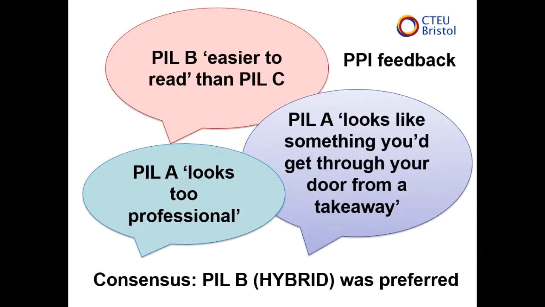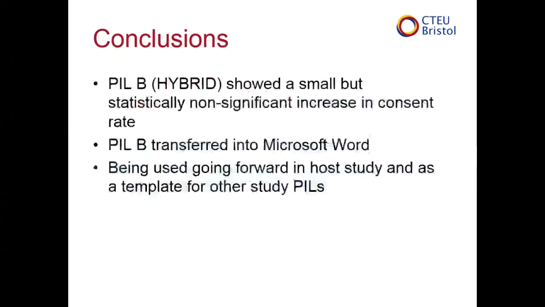So although our quantitative results weren't significant, everyone was leaning in the same direction, that PIL-B was possibly slightly better. So although it wasn't significant, we decided that we're going to use PIL-B going forward, and we've since transferred the formatting into Microsoft Word so that we don't have to use the InDesign software to produce it.